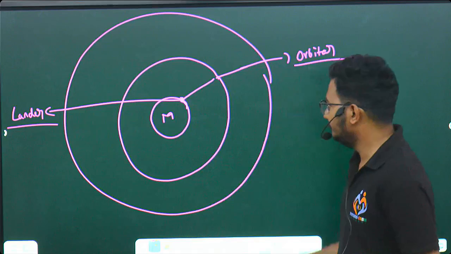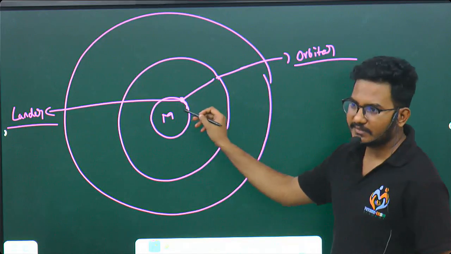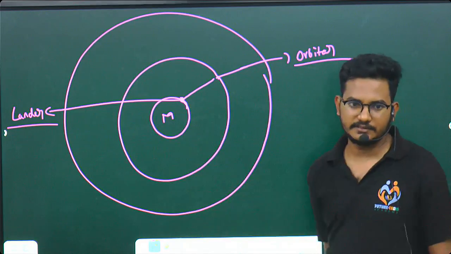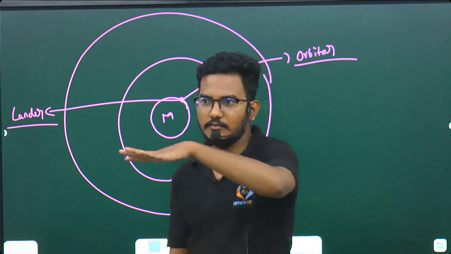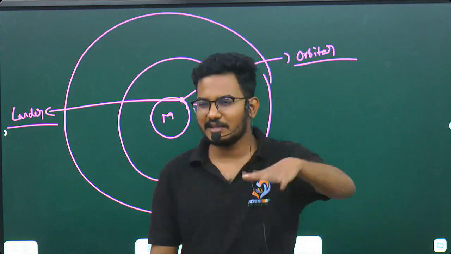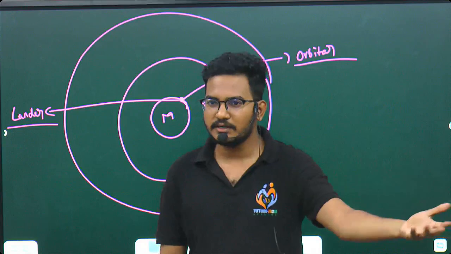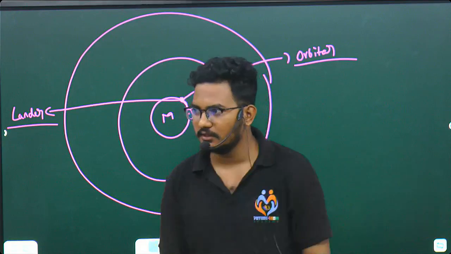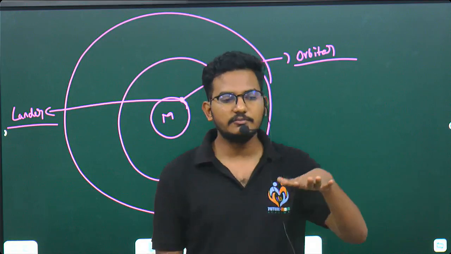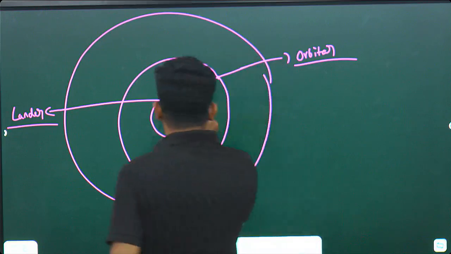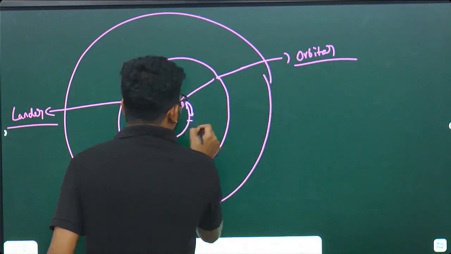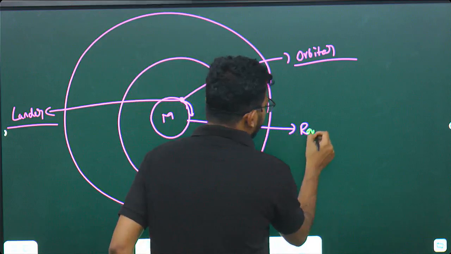If something we are sending on the moon surface is moving on the moon surface, let's say it is a robot, it has wheels just like your cars, and it is moving on the moon surface, then it is called as rover.